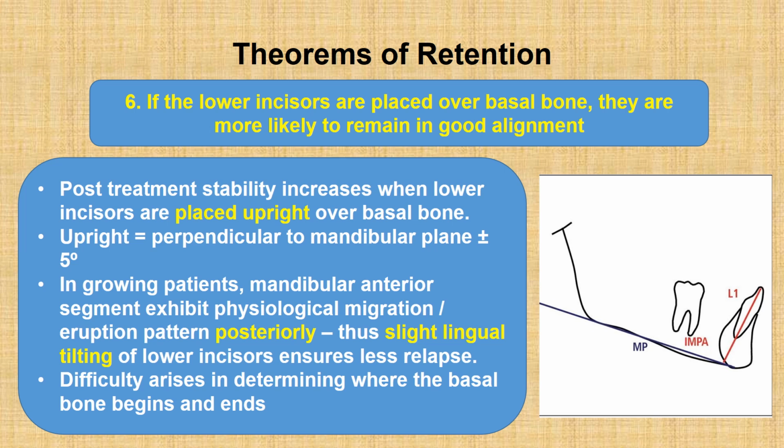Now, in growing patients, the mandibular anterior segment exhibits a physiological migration or eruption pattern posteriorly. Thus, a slight lingual tilting of the lower incisors ensures less relapse. Now, difficulty arises in determining where the basal bone begins and ends.